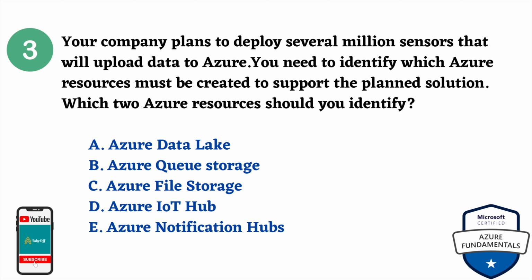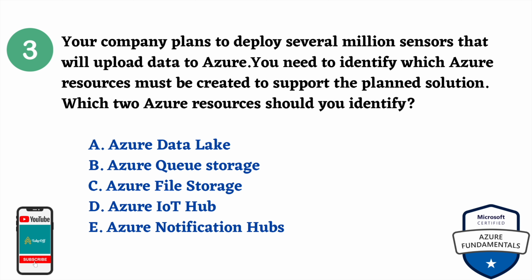Let's check out the answer. The two important things to concentrate on here are several million sensors and uploading the data to Azure. IoT Hub is a central message hub for bidirectional communication between an IoT application and its attached devices.